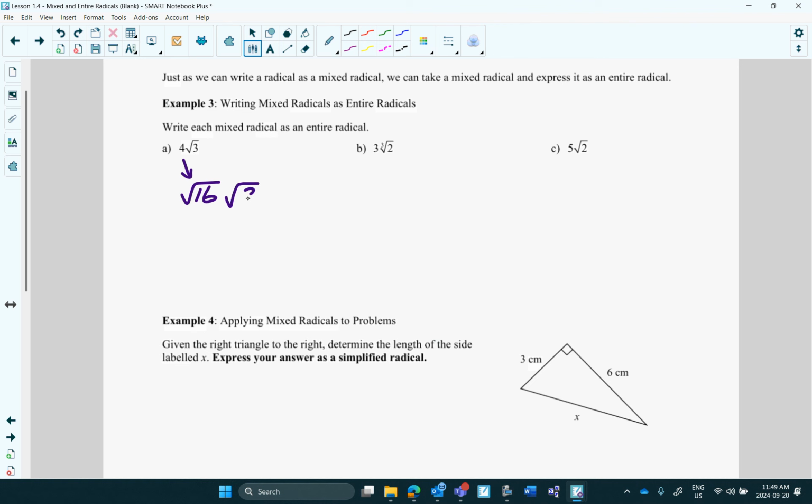I can multiply that by the square root of 3 to get the square root of 16 times 3, which is 48. How do you find that missing number?